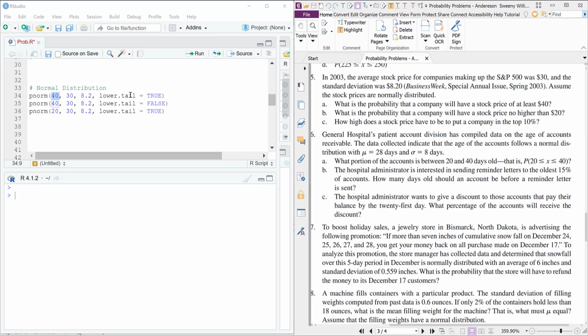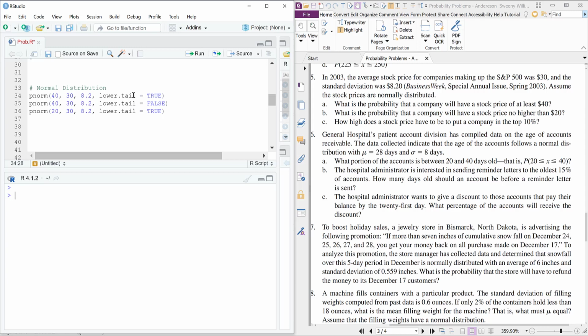Now just for the sake of demonstration, although this is not the answer to this question, if we use lower tail, this will give us the probability of being less than 40.